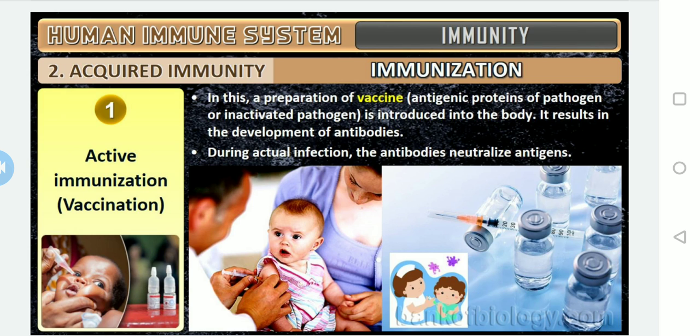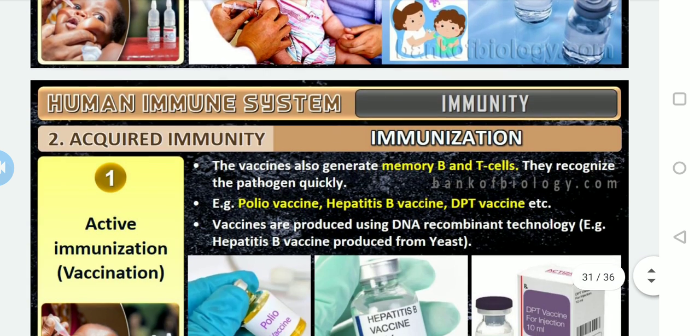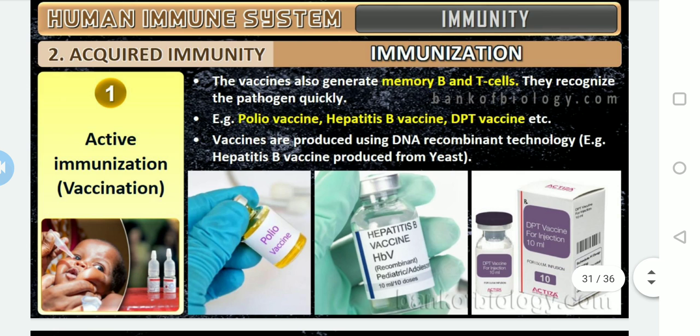But what is the principle behind vaccination? A preparation of the vaccine is introduced into the body. It results in the development of antibodies in the earlier stages. As I said, the vaccines also generate memory B cells and T cells.